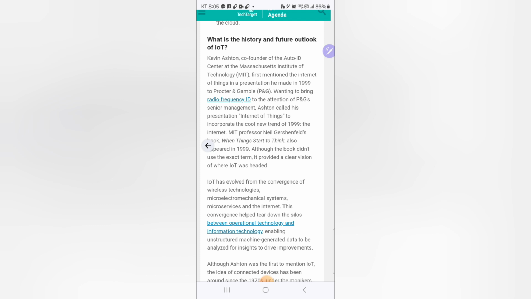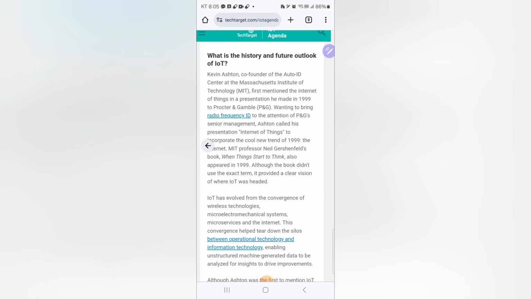MIT professor Neil Gershenfeld's book, When Things Start to Think, also appeared in 1999. Although the book didn't use the exact term, it provided a clear vision of where IoT was headed.